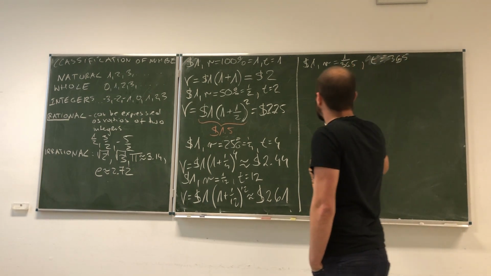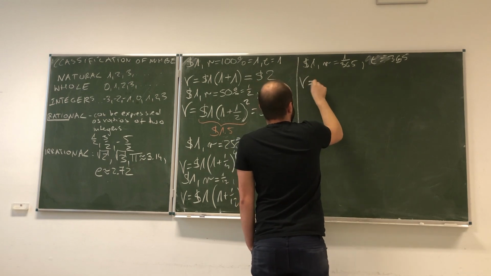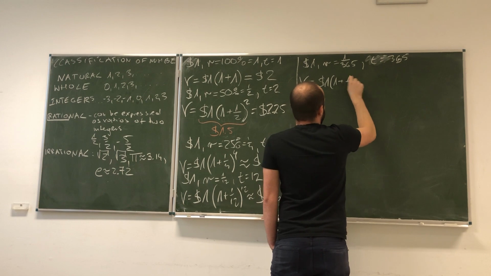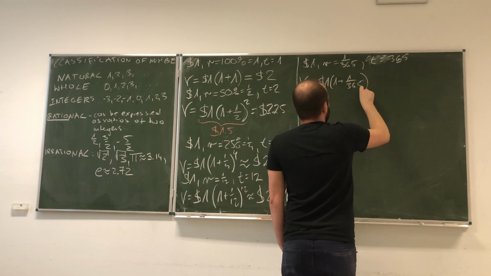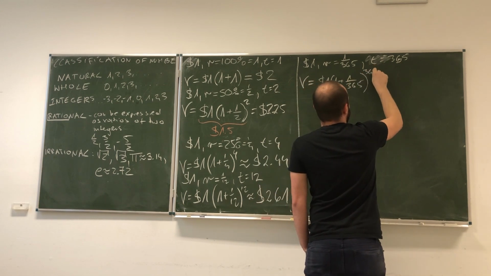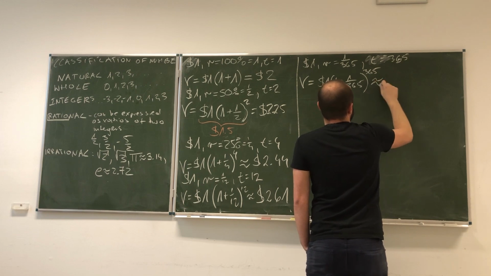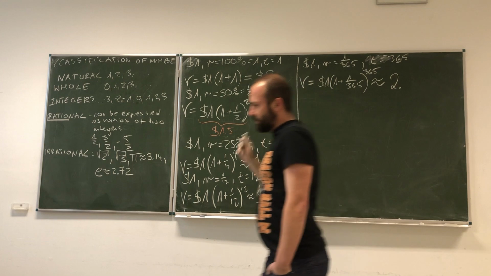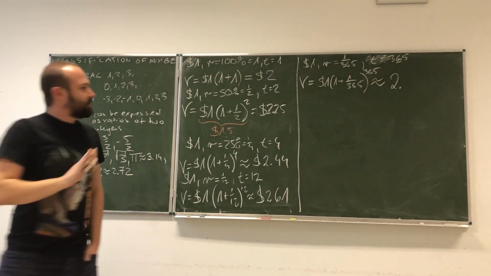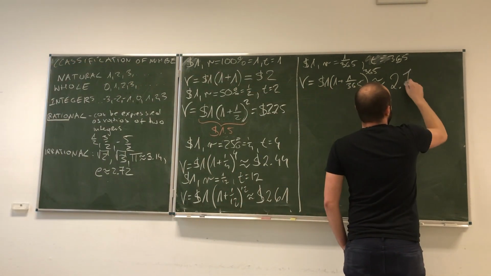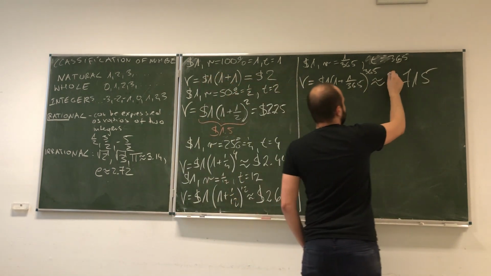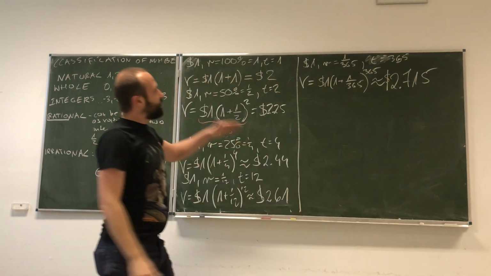So, how much money will we have at the end of the year? We will have $1 times 1 plus 1 over 365 to the power of 365, which is approximately $2.71.